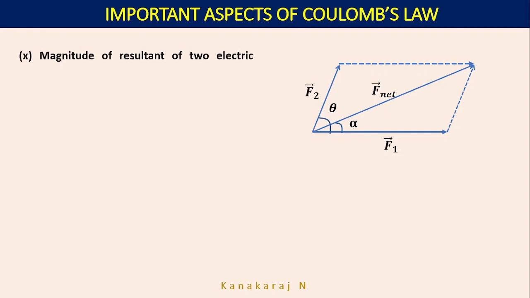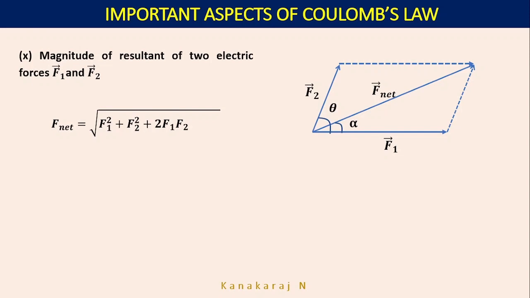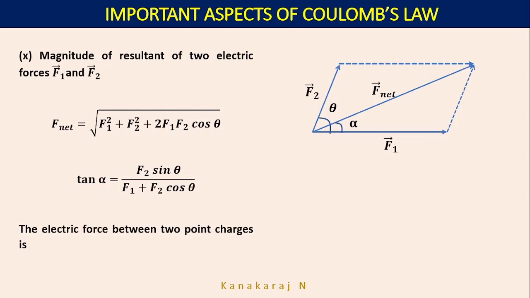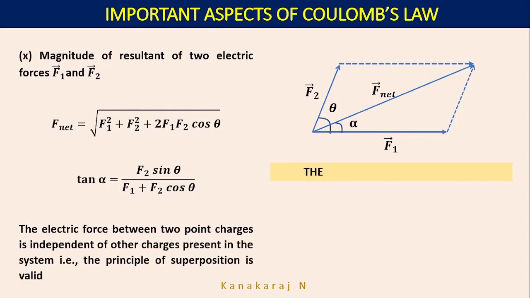Magnitude of the resultant of two electrical forces F1 vector and F2 vector: F net equals root of F1 square plus F2 square plus 2 F1 F2 cos theta. Tan alpha equals F2 sin theta divided by F1 plus F2 cos theta. The electrical force between the 2 point charges is independent of the other charges present in the system.